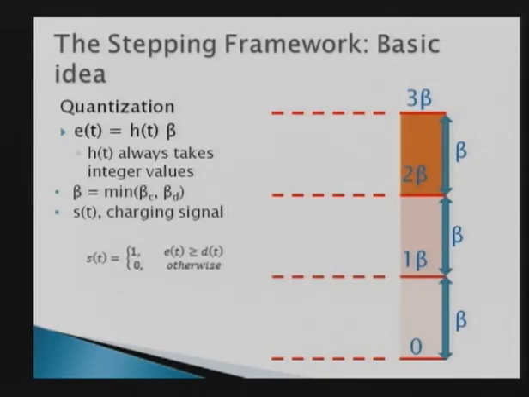So here the equation is e_t equals h_t times beta. h_t always takes an integer value, and we want to choose beta to be the largest possible value. This should be some value based on the battery. And we say beta should be the smaller one of beta C and beta D. I will give you the reason.